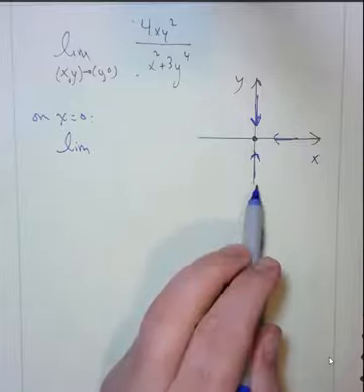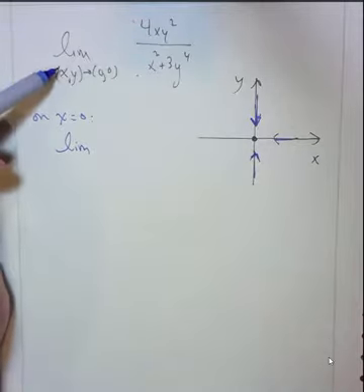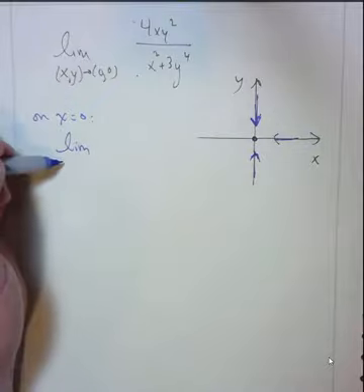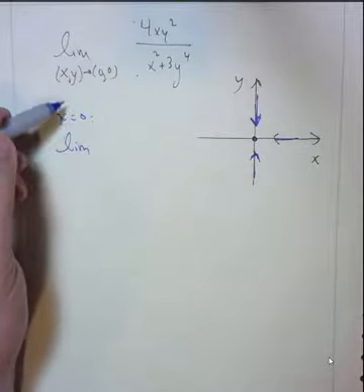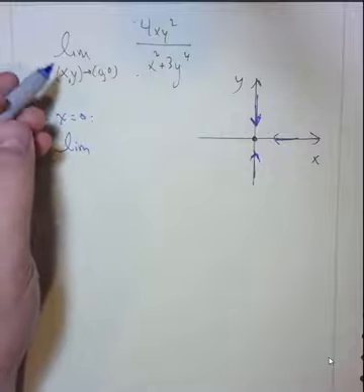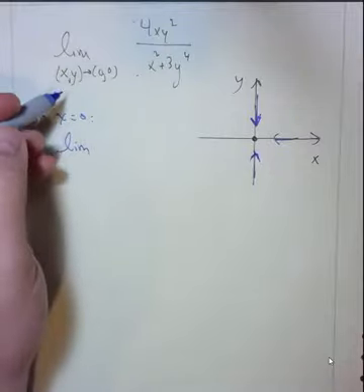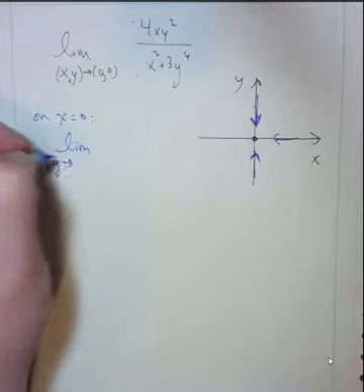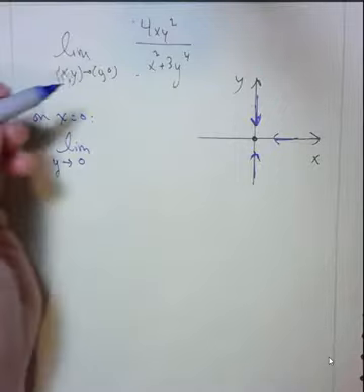If we're restricted to this single path, what we're doing is taking this limit that depends on two variables and reducing it to a single variable limit problem, because we're just going to set x to be 0. So if x is 0, the only variable that can wiggle is y, but we still want y to approach 0.